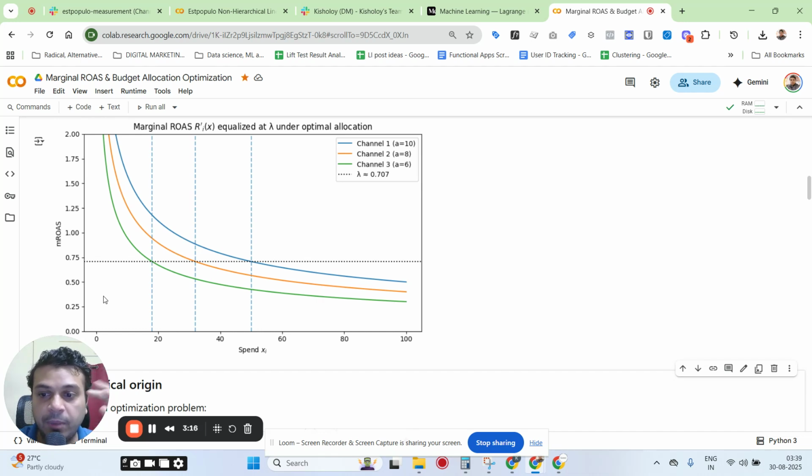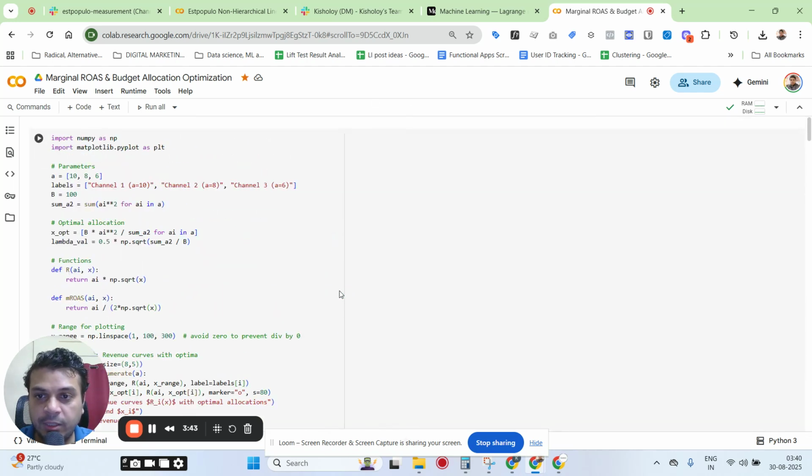They become equal, and they become equal to a certain value called lambda, and in this case it's 0.707. We'll come to that, but hope you can understand here. So these are the optimal spend points corresponding to the marginal ROAS for each of these different channels. The marginal ROAS remains the same, but of course the curves are different, which is why you have different levels of spend here. Okay, so that's what these three things correspond to.